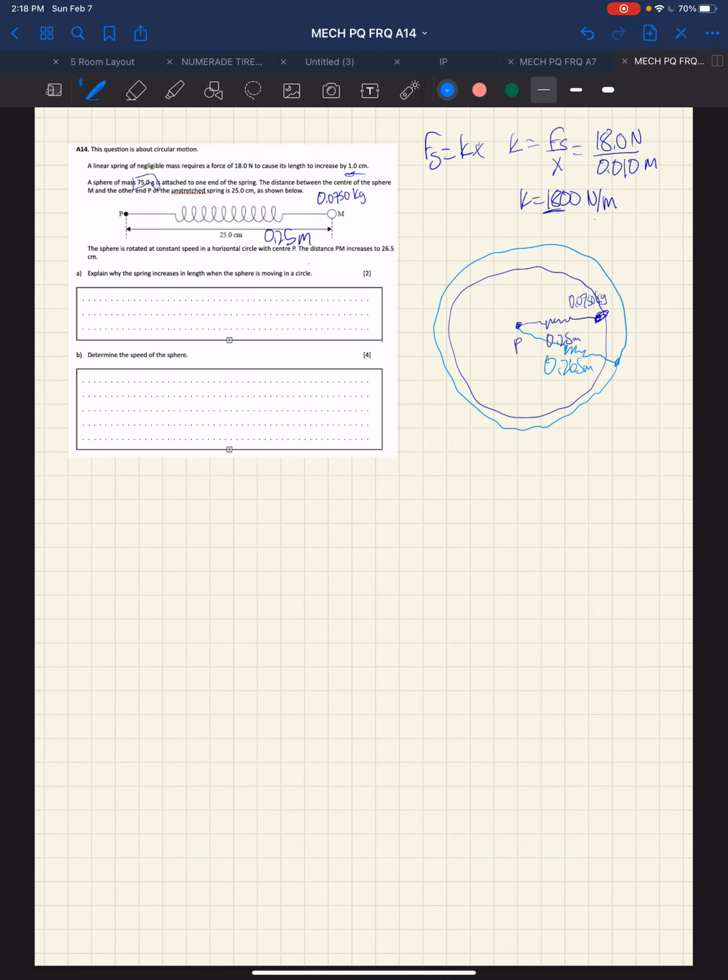And so we are asked, why does the spring length increase? Well, the first thing to realize is that the spring length, 0.25, is its equilibrium length. So to start, the equilibrium length is 0.25 meters.